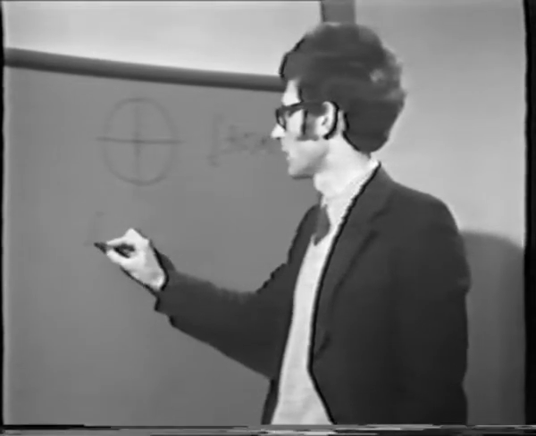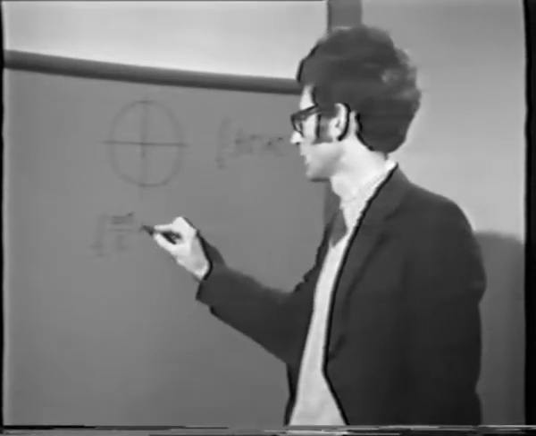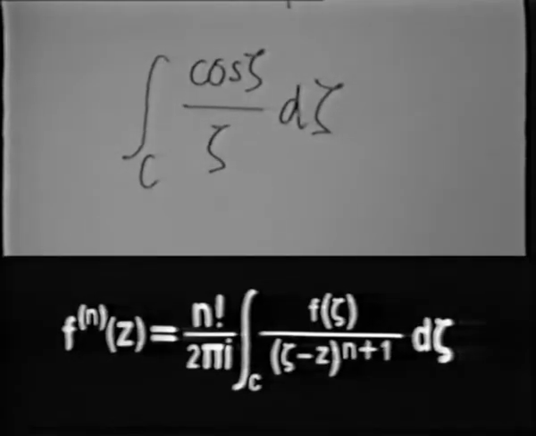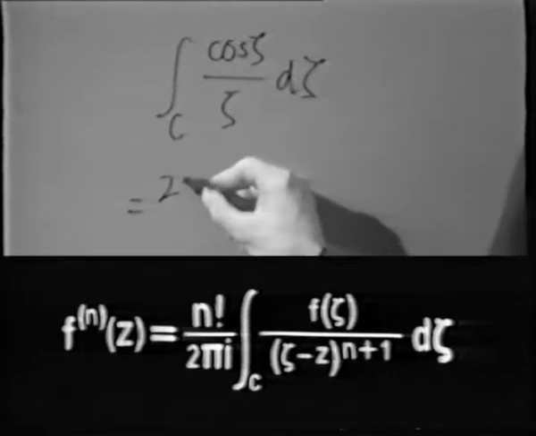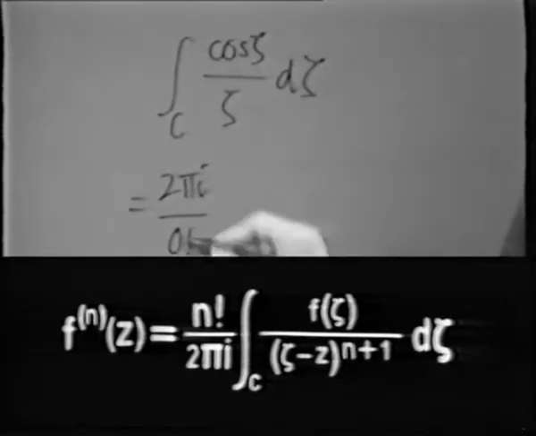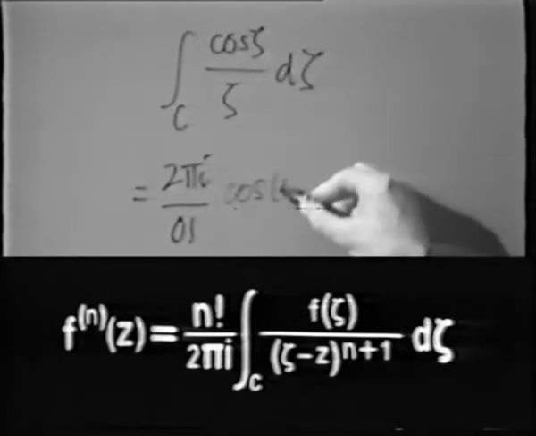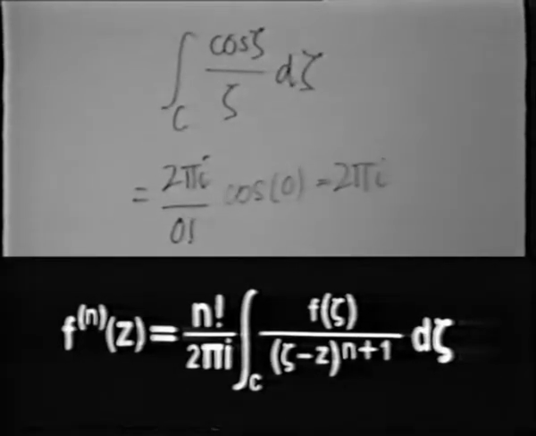Let's take the integral around the unit circle again of cos zeta over zeta d zeta. Now then, in this case, we've taken z to be 0, n is 0, and the function f is the cosine function. So to evaluate this, I take 2 pi i over 0 factorial times the value of the cosine function at 0, cos of 0, and of course that gives me 2 pi i. 0 factorial is 1.